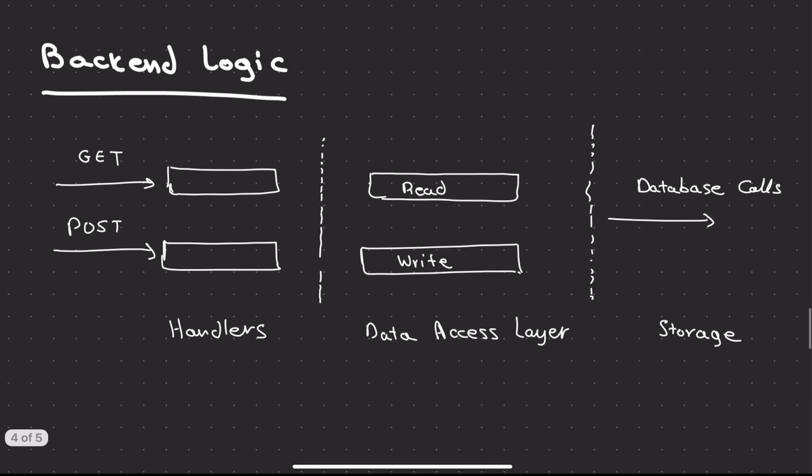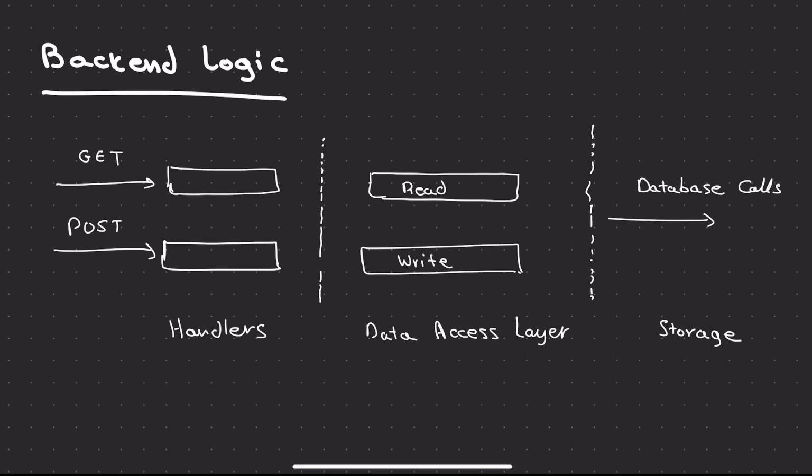Right? So the idea behind the backend is that you're gonna separate your software into 3 layers. You're gonna have the handlers layer, you're gonna have the data access layer, and then you've got your storage, which is actually the database. And your backend is gonna receive get and post requests.